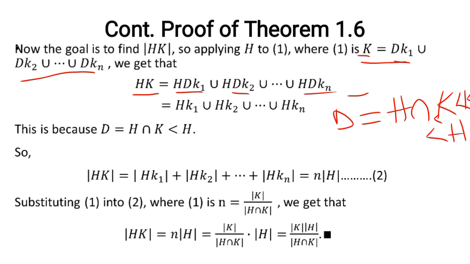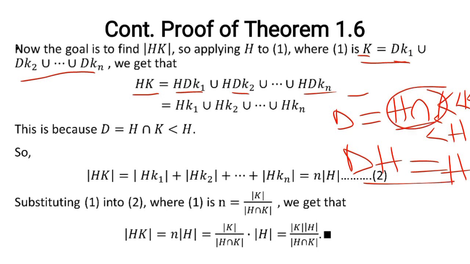Because every element in H intersection K is also going to be in H, right? Okay, so it's the same thing. So therefore, if I do HD, I'm basically getting back H, just lumping them, because the elements that are in H intersection K are also in H. So if you multiply them together, I'm going to get back that. That's how we got this relationship here. Okay, that's how we got all of that you see there.